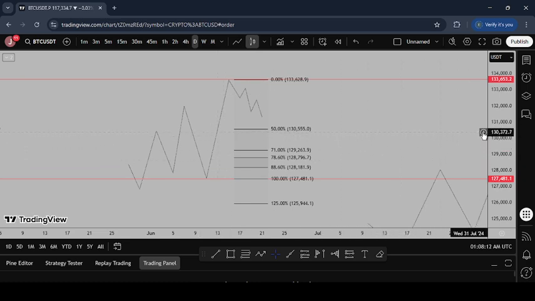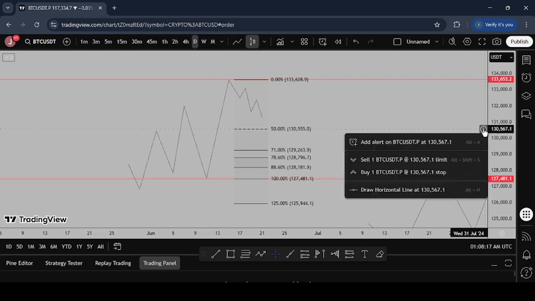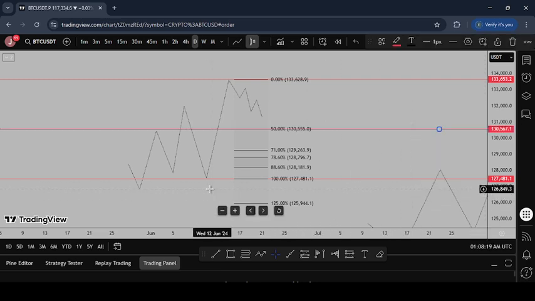If I draw my line on the 50% region right now, horizontal line, it means the 50% part of this swing, from 50 downwards, is discount. Since I'm interested in buying, below the 50% level of this swing is the region where I will be interested in buying, and above this 50% level is the premium zone.